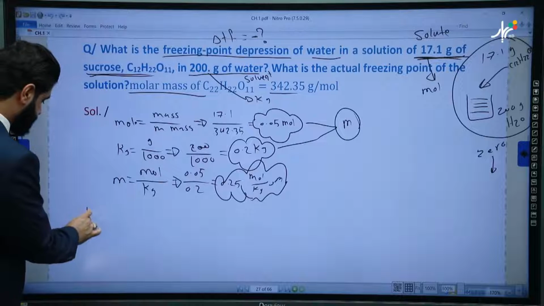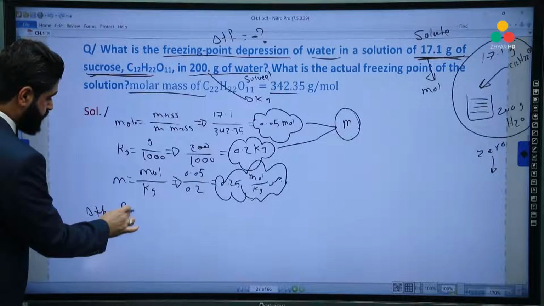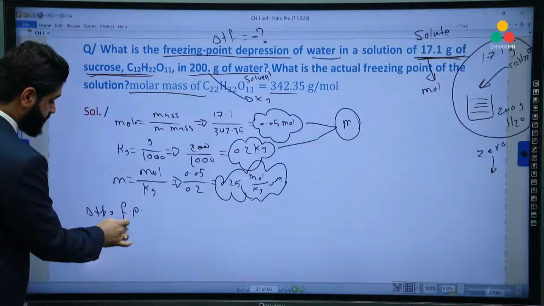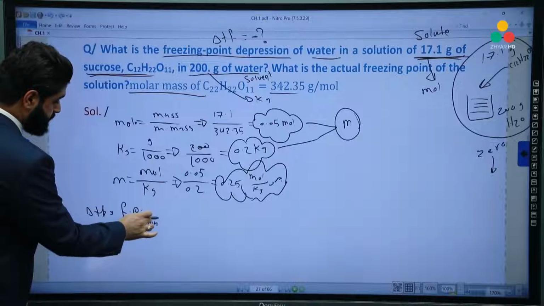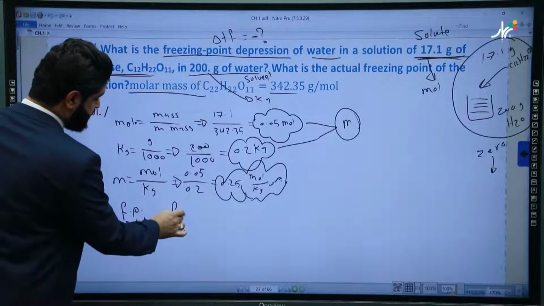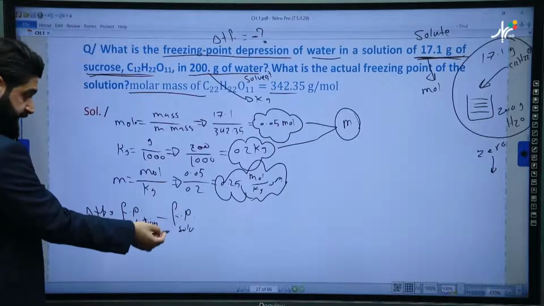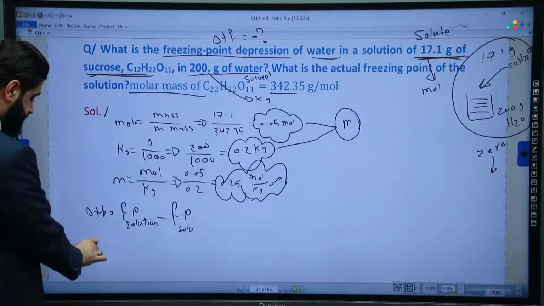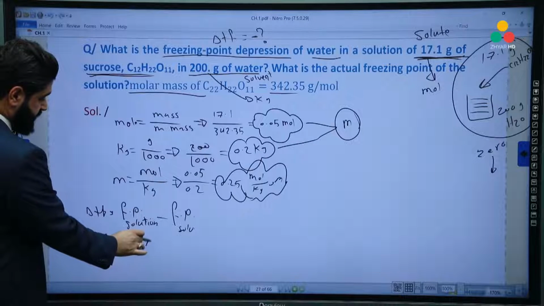Delta TF equals the freezing point of solution minus the freezing point of solvent. So we have another equation: delta TF equals Kf times molality.